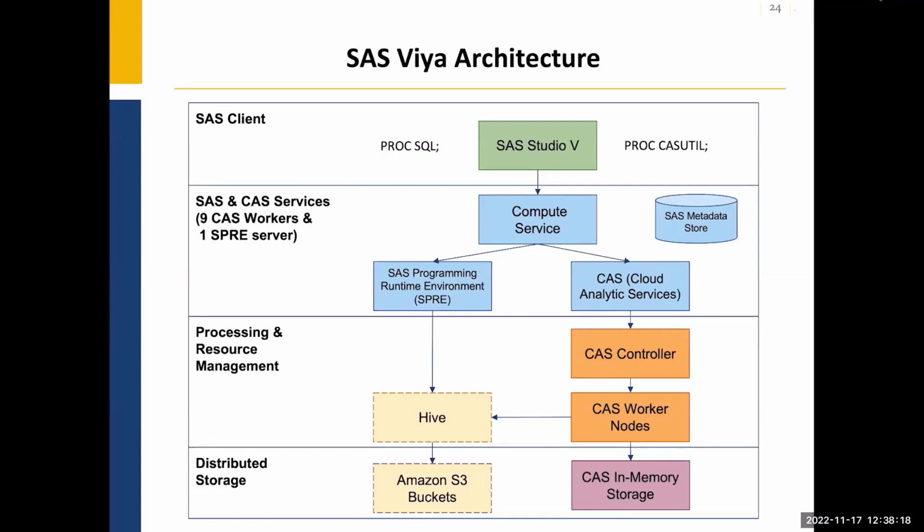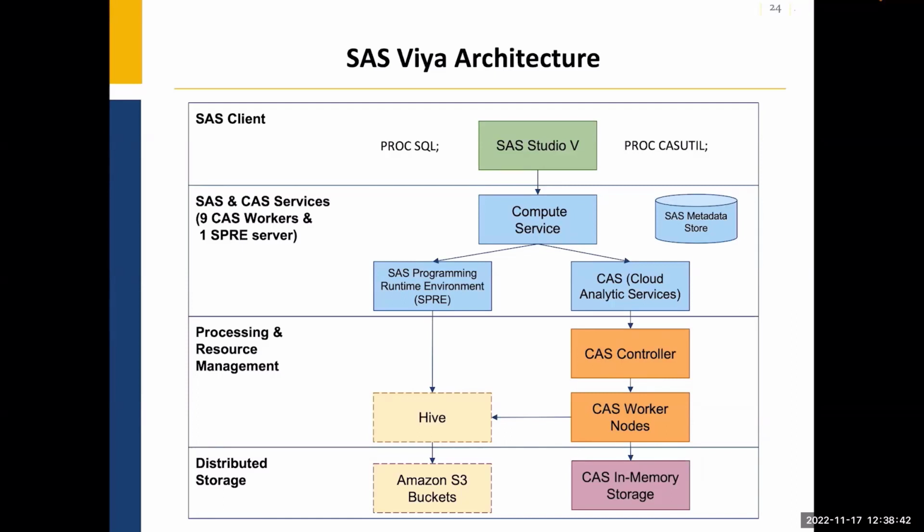From there the CAS controller distributes all of the operations to the CAS worker nodes. And this is where I mentioned earlier that we found limitations using CAS, that operations oftentimes are not being distributed properly, and there are hotspots within the cluster that can take up too many resources within the system.